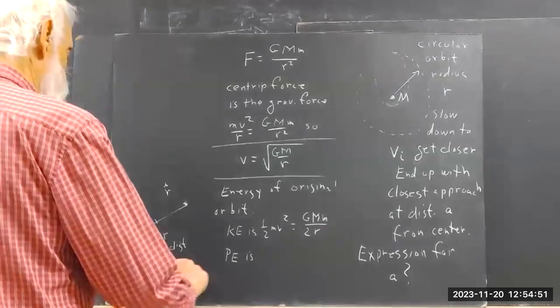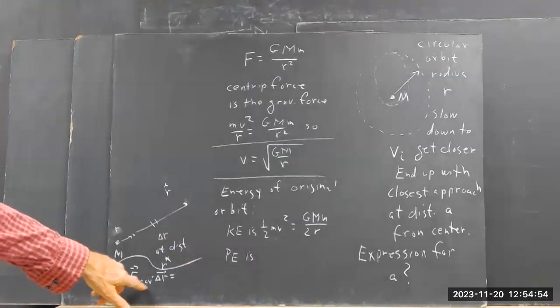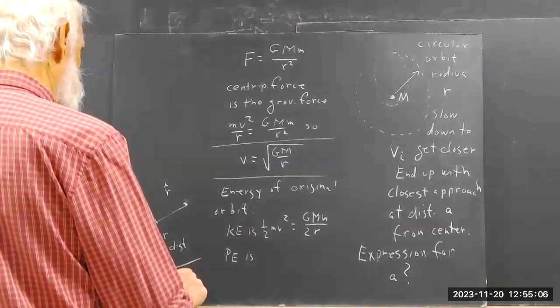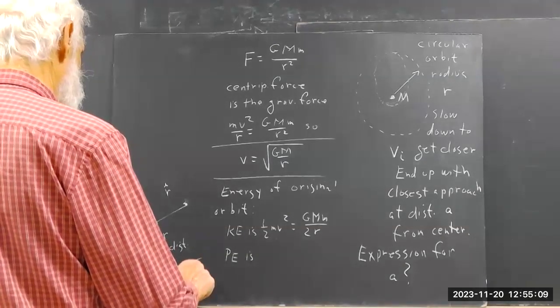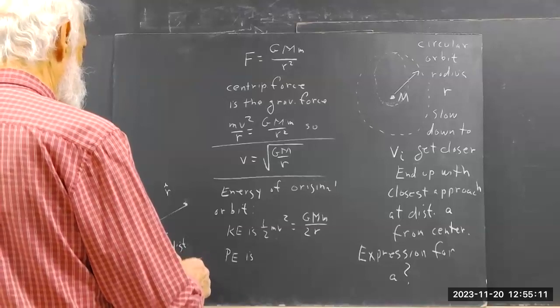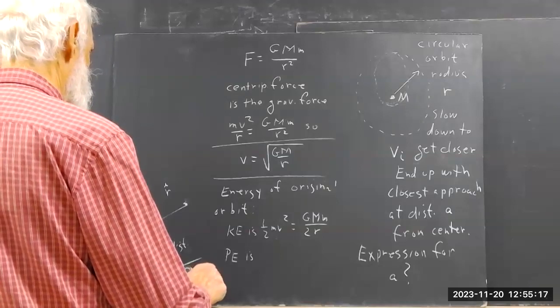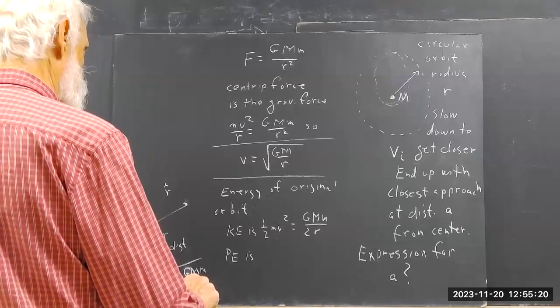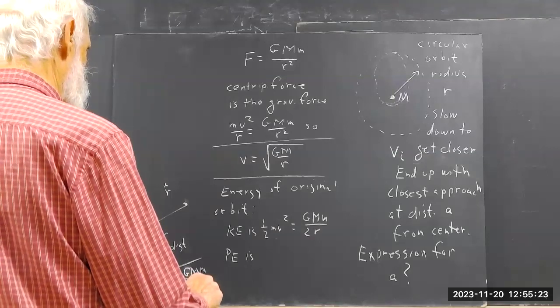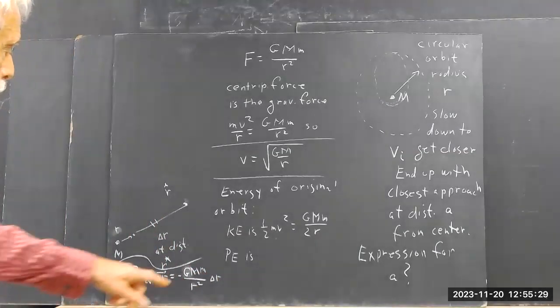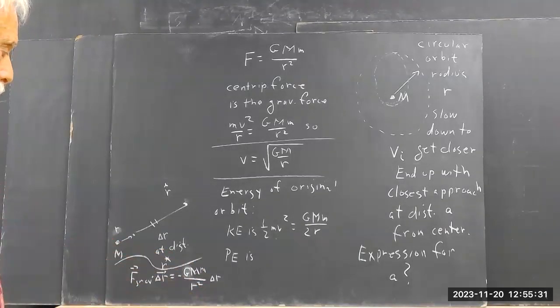F grav is this way, delta r is that way, so this is negative: big G, big M, little m over r squared, delta r.